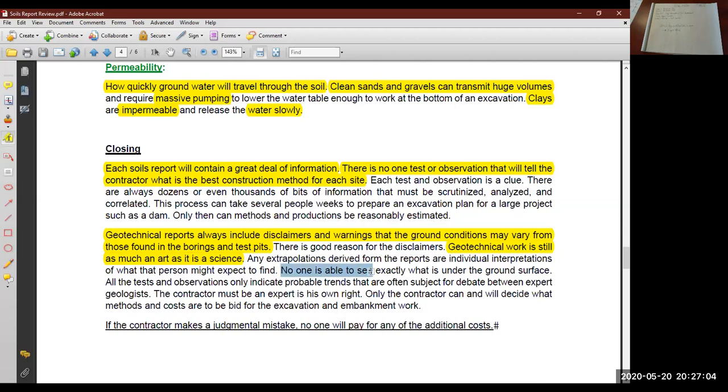Nobody's able to see exactly what's going on underneath the ground. By doing these boreholes, you can see at specific spots what's there. As you read more of these, you'll become more of an expert on them.